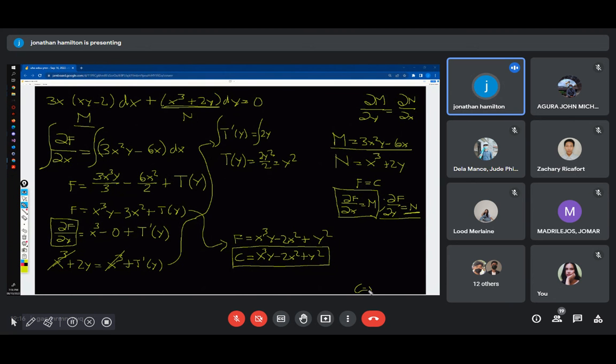We have c is equal to x cubed y minus 2x squared plus y squared. We can solve from the other side, and then instead of us saying na solving, we could say mao ni atong checking. So example, ato na siya i-erase. So dapat ang makuha nato na answer is kani.